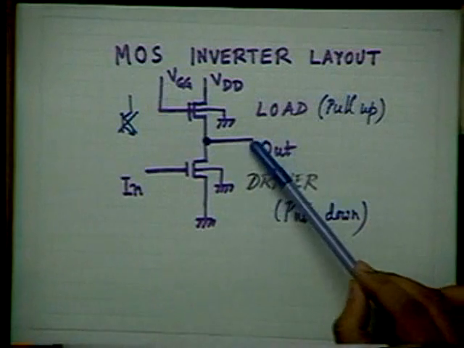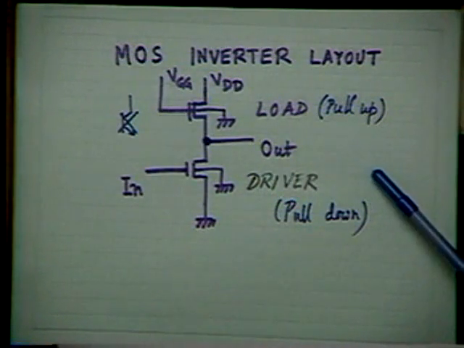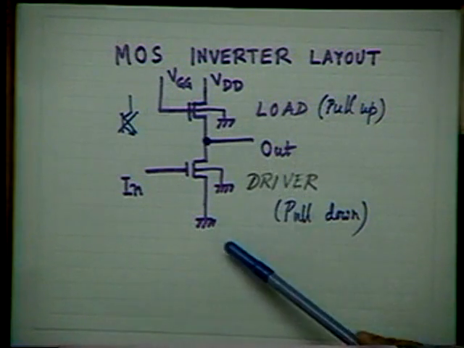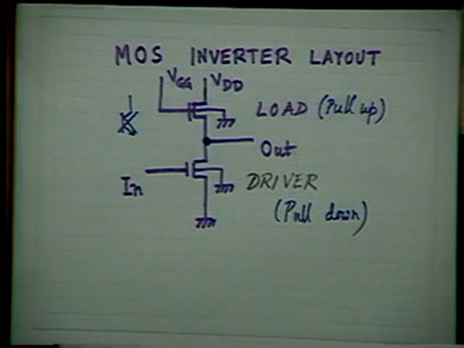So therefore, in order that the inverters are compatible with each other, the high state voltage, the one state voltage of the output, should be the same as the corresponding one on the input side. The zero state should be the same as the corresponding zero at the input side.